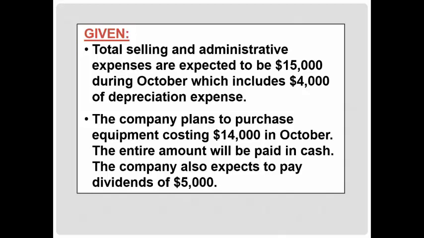The company plans to purchase equipment costing $14,000 in October. The entire amount will be paid in cash. They also expect to pay dividends of $5,000. So this second bullet point shows the other cash disbursements. Would not show up as an expense on the income statement, but does in fact require a cash disbursement.